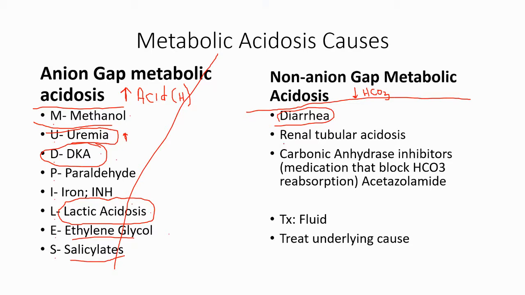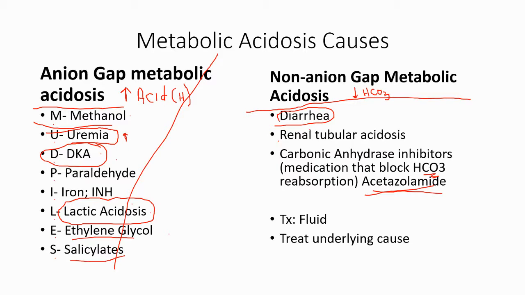For you diagnosticians that are going to be in the ER, if the person's not having diarrhea and they have a non-anion gap metabolic acidosis, you've got to think a little bit further. Renal tubular acidosis would be another differential diagnosis. Carbonic anhydrase inhibitors, which is acetazolamide, sometimes used as a diuretic, block bicarb reabsorption, so that medication in particular can cause it.